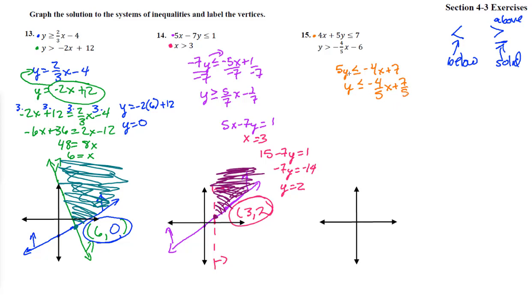Now notice on this one we don't switch the direction because we did not divide by a negative 5. All right, so we go up to positive 7/5, about right there, and we go down 4 over 5 like that, and it's a solid line there. There we go.